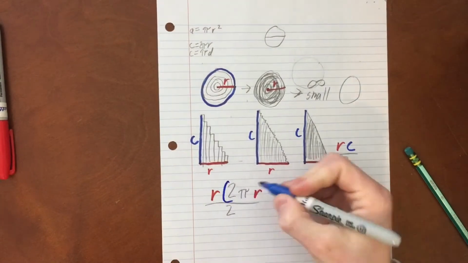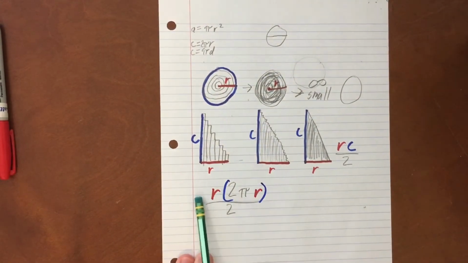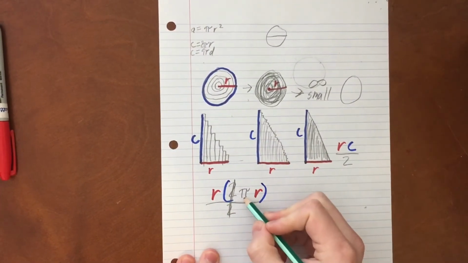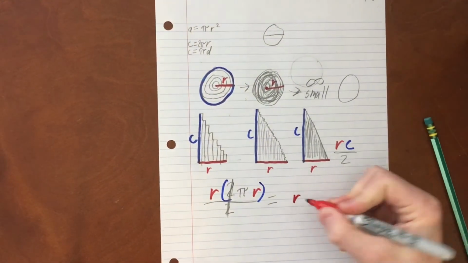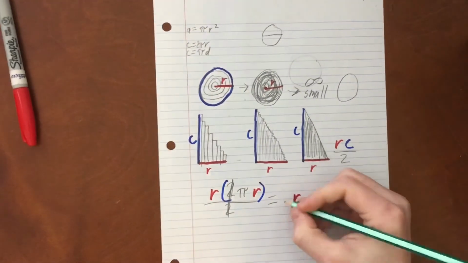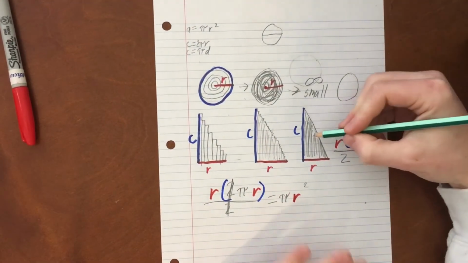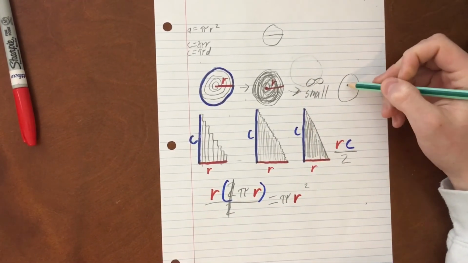The part in the parentheses is the same as the circumference. Now this is all getting multiplied together, and we can cancel out these 2's, so pi times r times r equals pi r squared, which is where the area of the circle comes from, because the area of this triangle is going to be the same as this circle here.